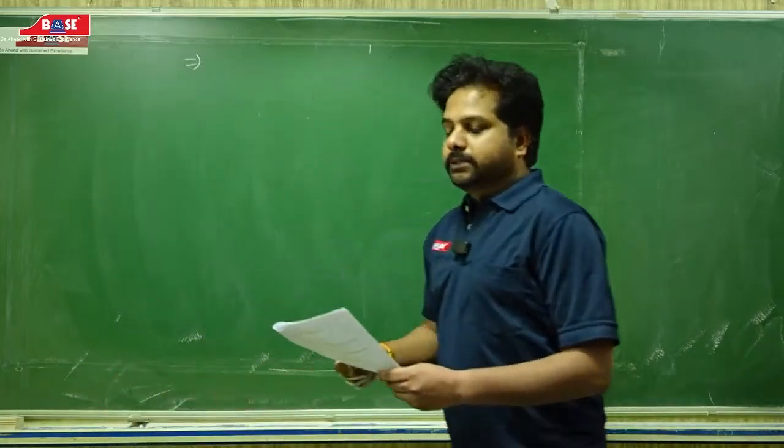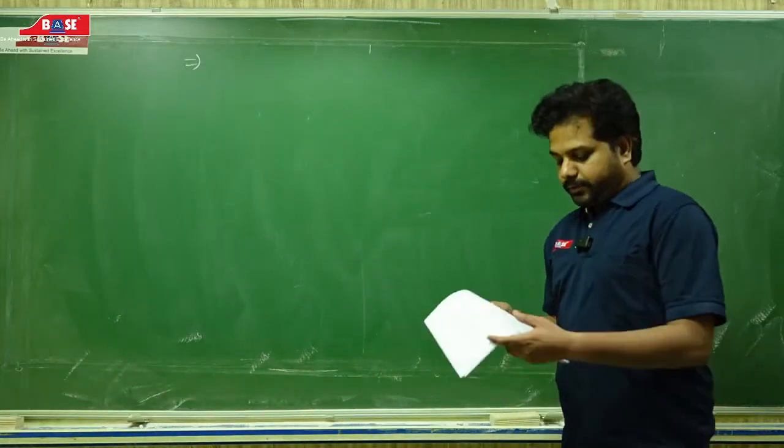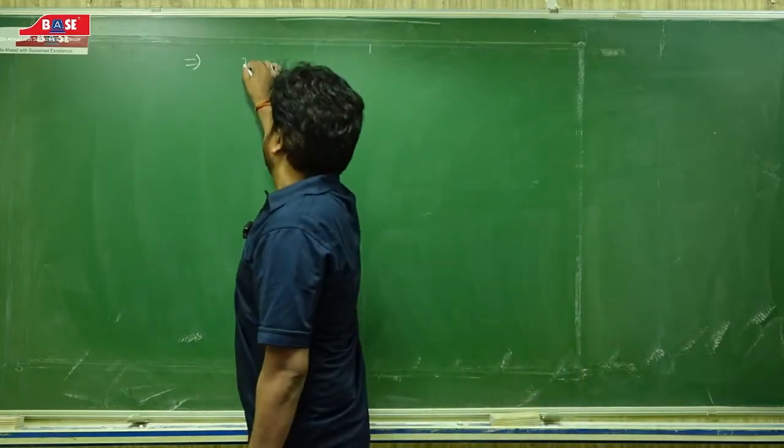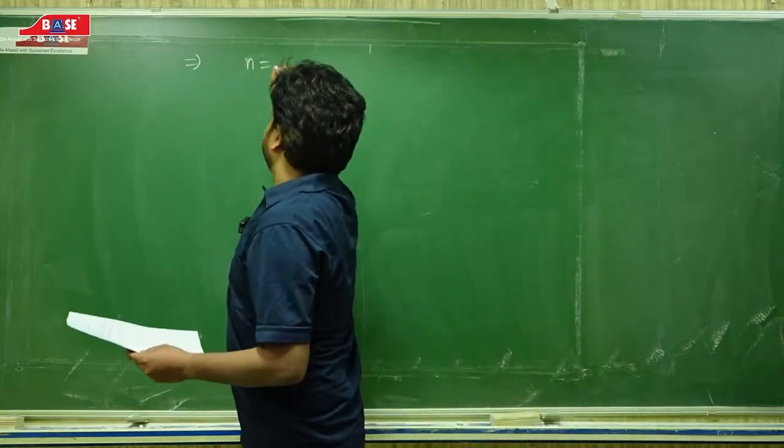So 0 to 2 pi we got pi by 2, and likewise we'll have the further points. In total, including 0, we'll have n value as 11.